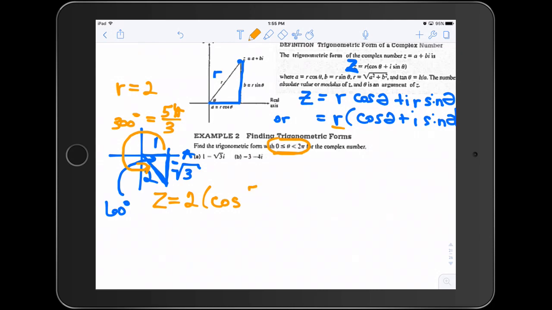So I have cosine of 5 pi over 3 plus i sine of 5 pi over 3. And again, all I'm doing is really following this formula, if you will.